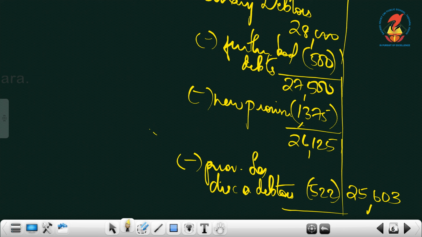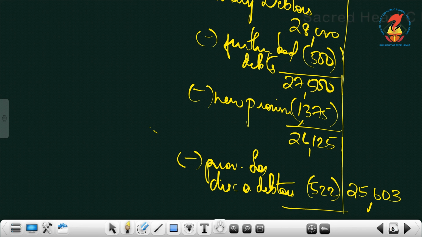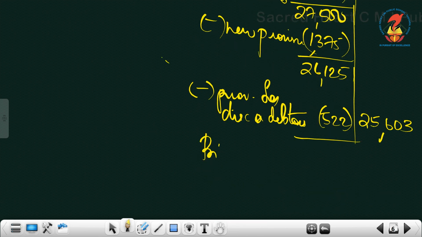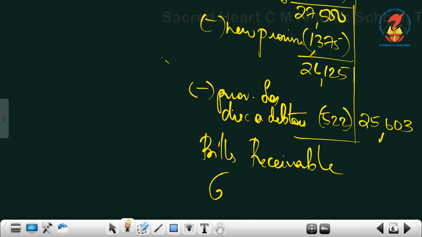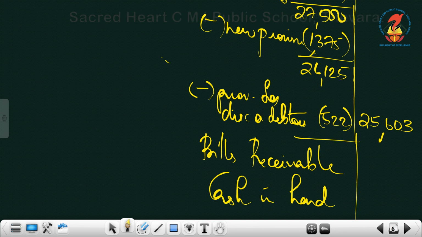Then we have the closing stock we wrote, bills receivable, and finally cash would be there, no? Yes, cash in hand of 20,000. So bills receivable is 6,000, cash in hand is 20,000.